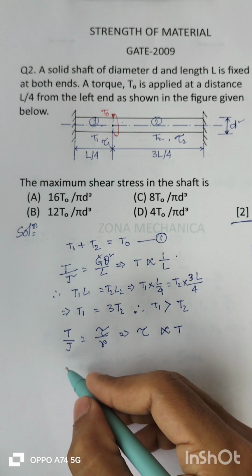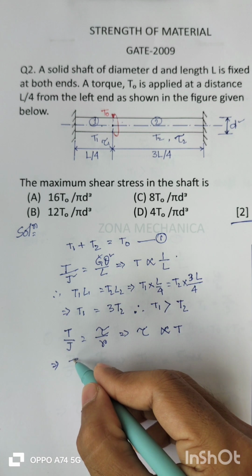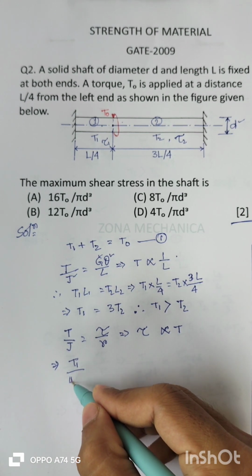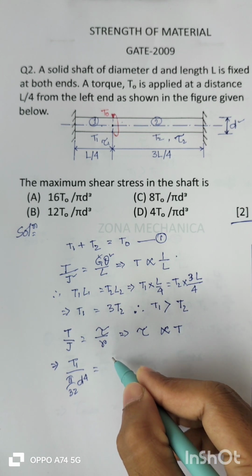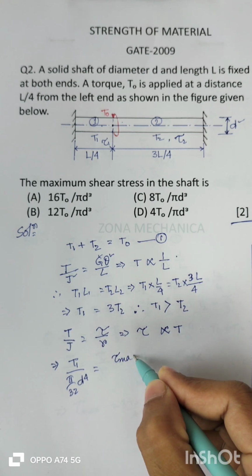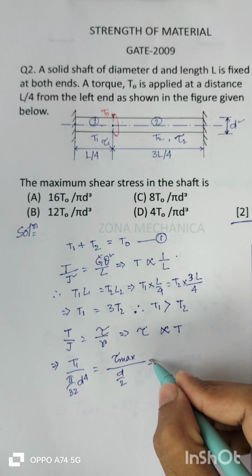So from here we have T1 by J, where J is pi by 32 d to the power 4, is equal to tau max by d by 2.